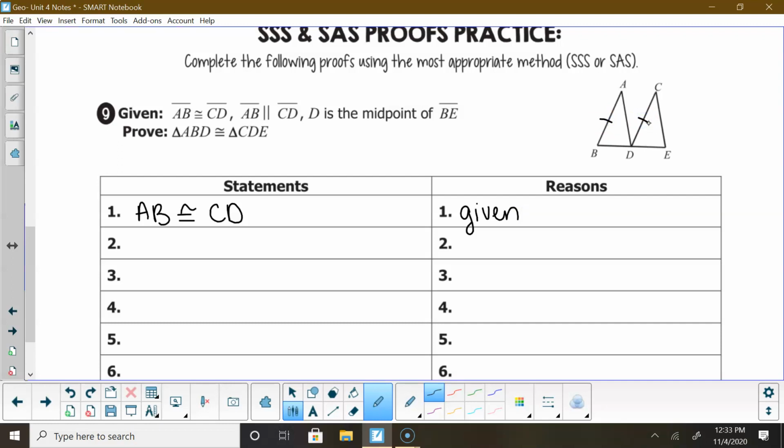All right. Now, I'm going to skip around and use different givens at different times. So, I'm going to go straight to D as the midpoint. If I know it's a midpoint, what can I say?